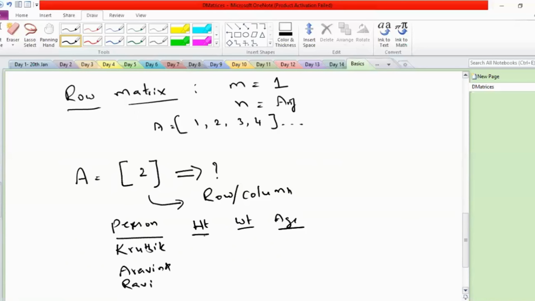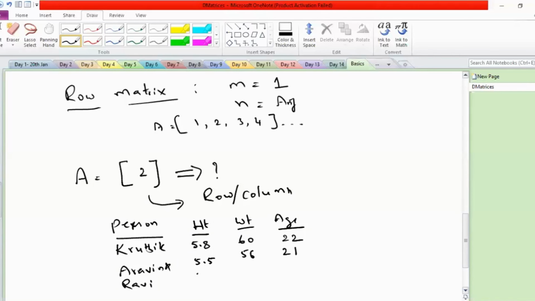That is what we are trying to calculate. So height, I'll say, Krutik, 5.8, weight about 60 kgs, age probably 22. Arvind, maybe 5.5, weight will be 58 or 56, age could be 21.